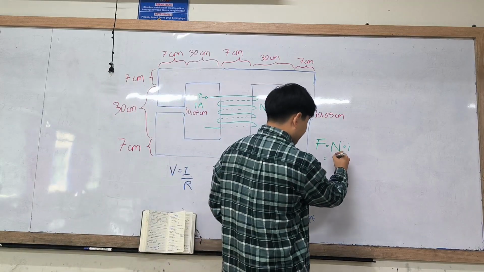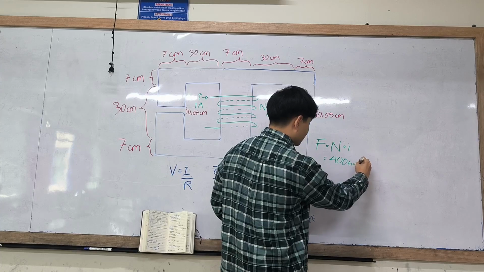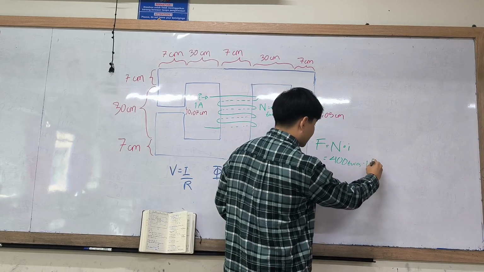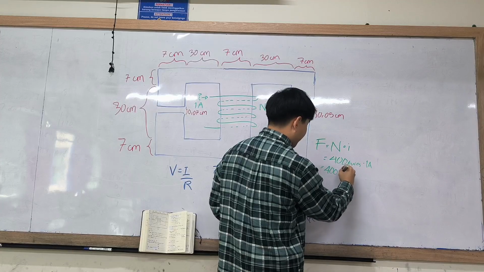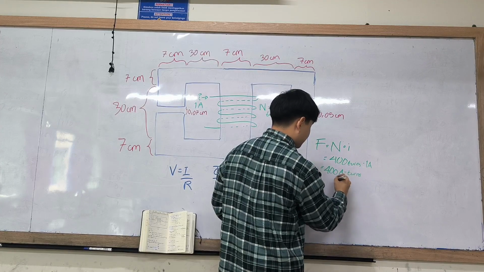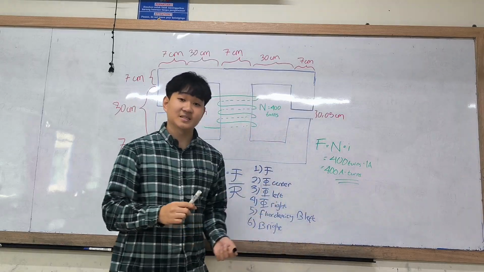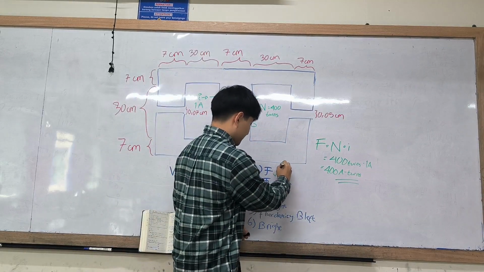Therefore, the magnetomotive force is just 400 turns multiplied by 1 ampere. The answer is 400 ampere turns. This is the first answer for the first question, so let's mark it as done.